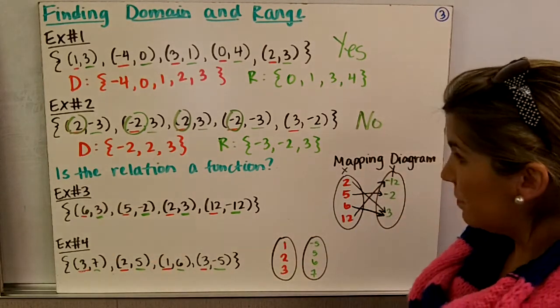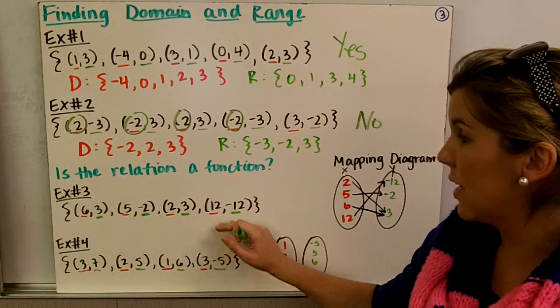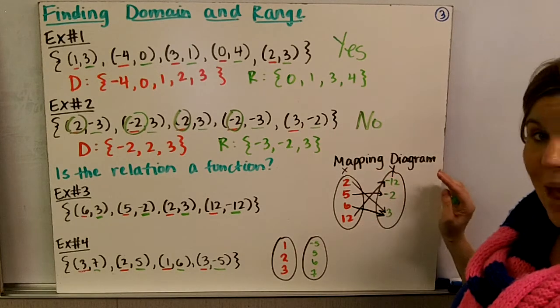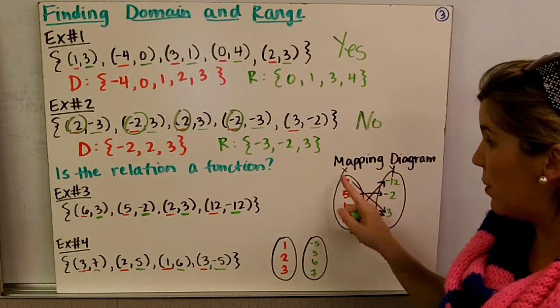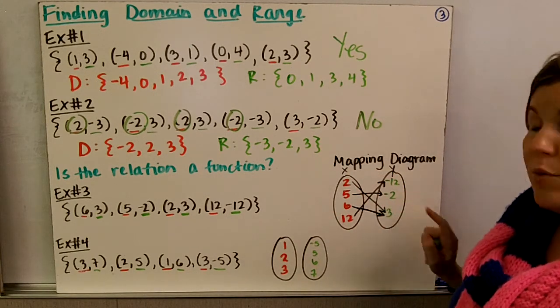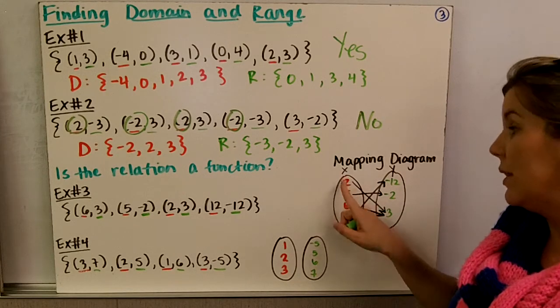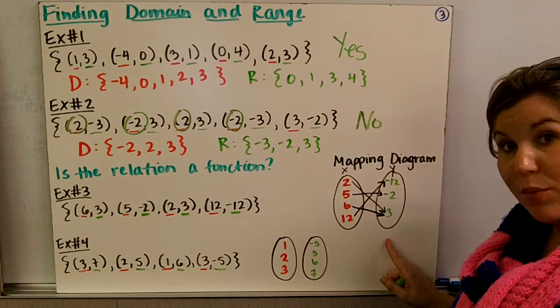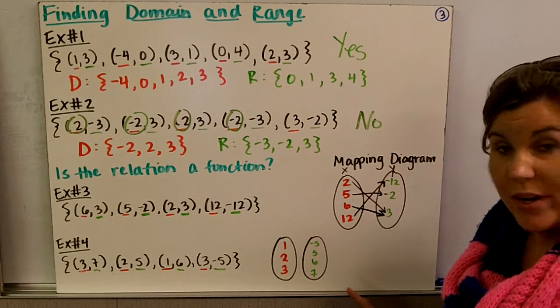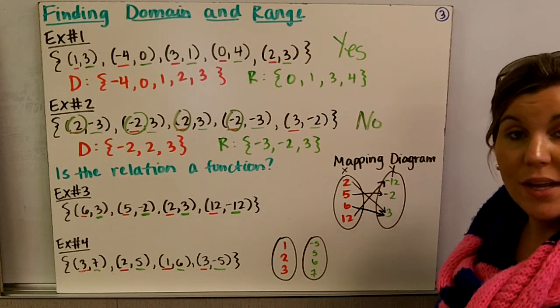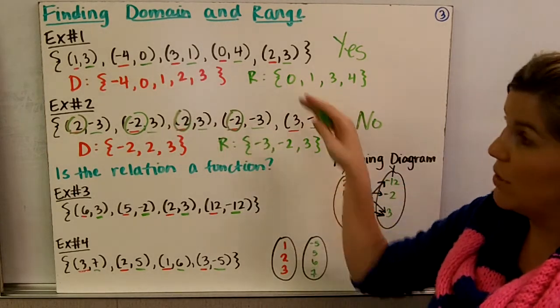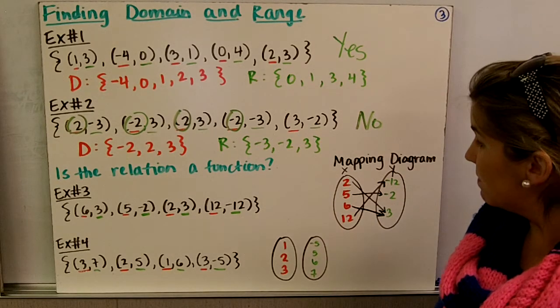Example number 3. Here I've taken the set of ordered pairs and I've created a mapping diagram. In one bubble we put our x values. In the other bubble, we put our y values. We list our domain and our range in order from least to greatest, and you again only write each number one time, just like we do in our curly bracket sets.